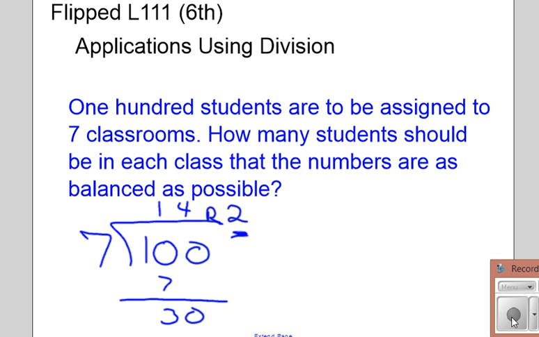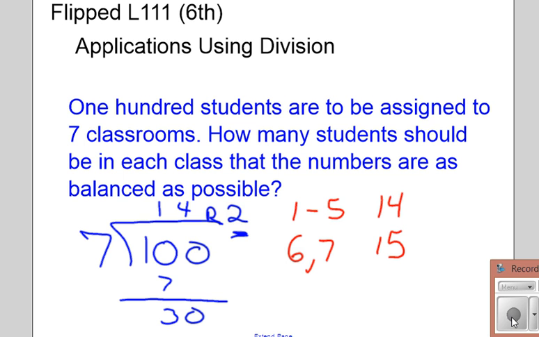So now we have 2 leftover students. What would happen with them? Obviously you wouldn't kick them out of the school. But if we wanted 7 classrooms that are as balanced as possible, the first 5 classrooms would have 14 students, while classrooms 6 and 7 would have 15.